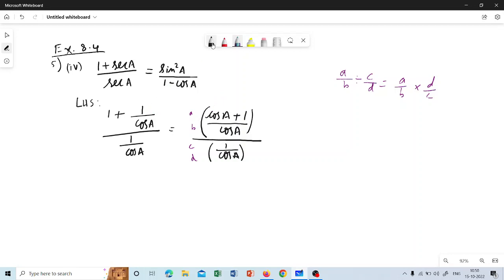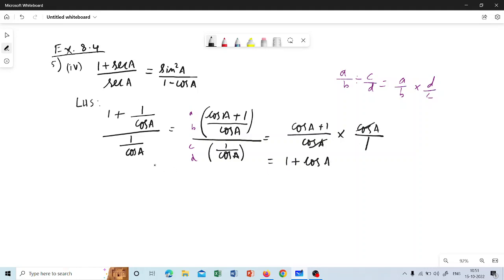Always if there are so many divisions, we have to use this result. So this is equivalent to, I'll write the numerator, cos a plus 1 divided by cos a, into cos a by 1. So we reverse the denominator. So cos a cancels, and this will be 1 plus cos a.